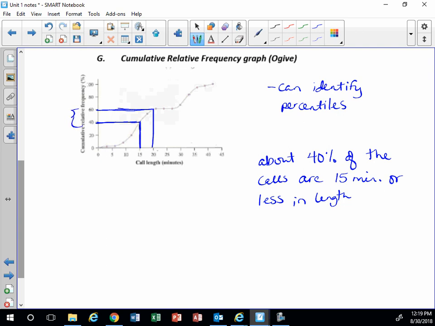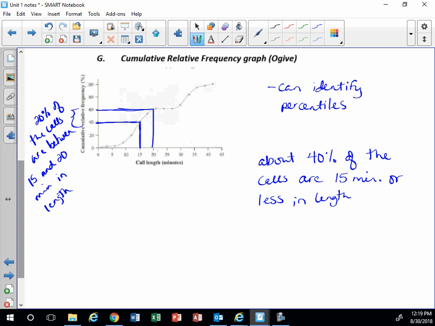So I could say 20% of the calls are between 15 and 20 minutes in length. Does that make sense? But 60% of them are 20 minutes or less.